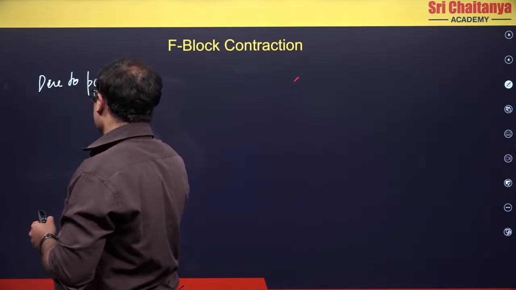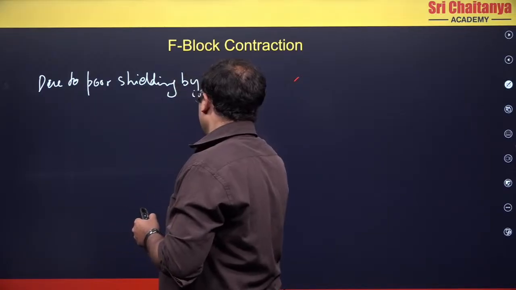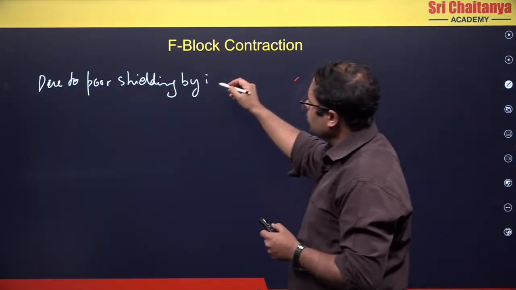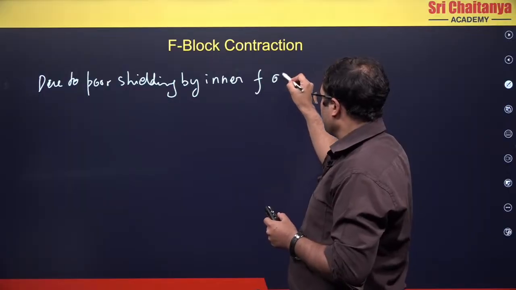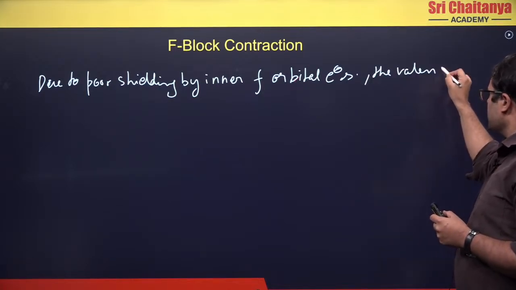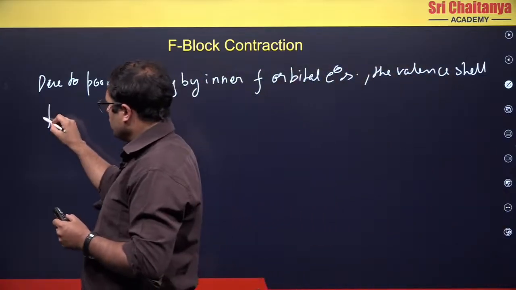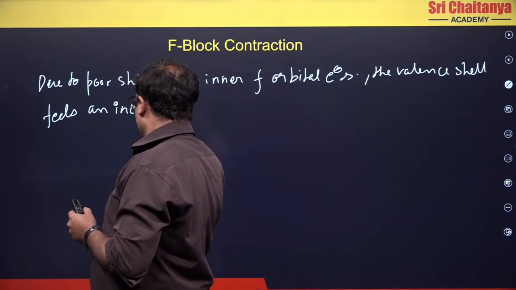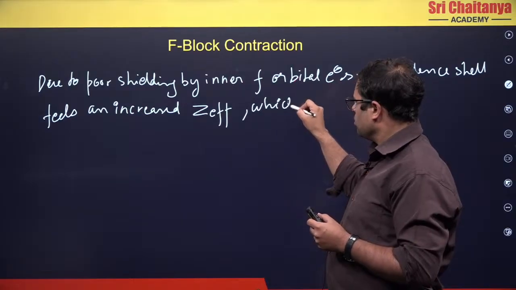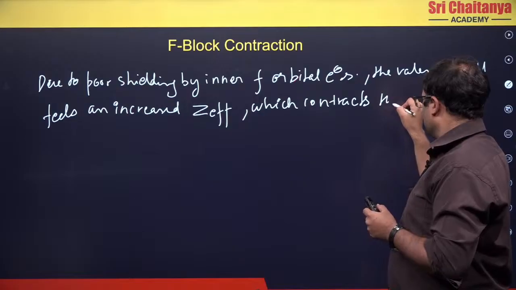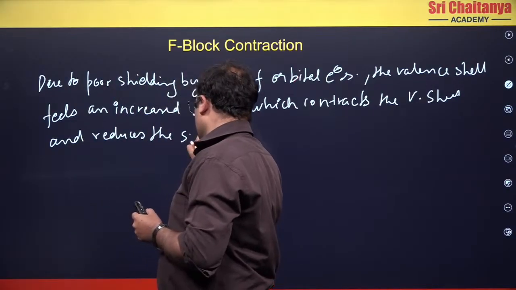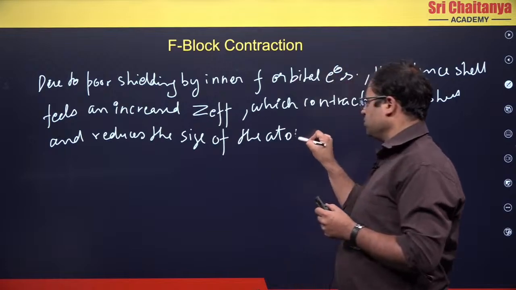Due to poor shielding by inner f orbital electrons, the valence shell feels an increased Z effective or nuclear charge, which contracts the valence shell and reduces the size of the atom, right?